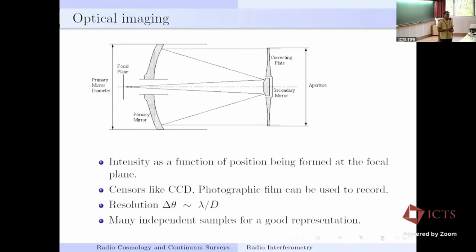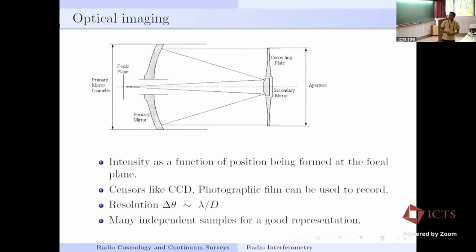Now, if you want to place in the focal plane 10 megapixels, that is 10 to the power 7, now x into y is equal to 10 to the power 7, right? So in the x direction, how many will be there? About 1,000. 1,000 into 1,000 is 10 to the power 6. So 1,000 pixels, and each pixel is, let's say, 1 micron, correct?